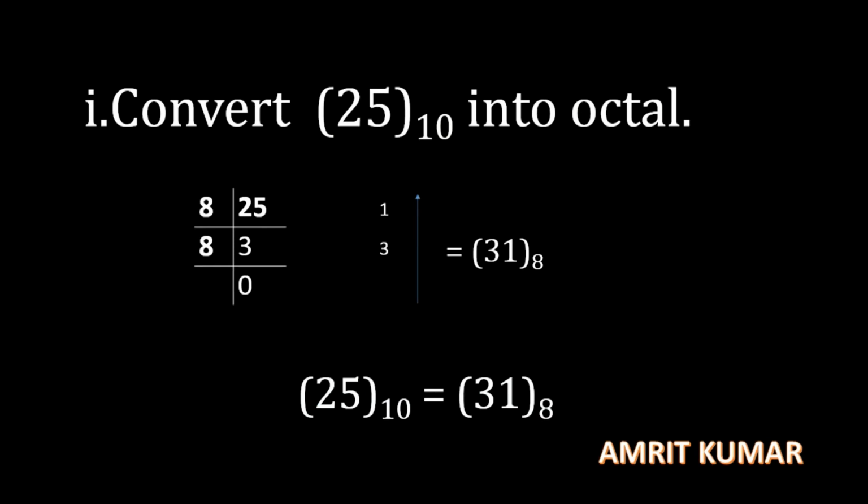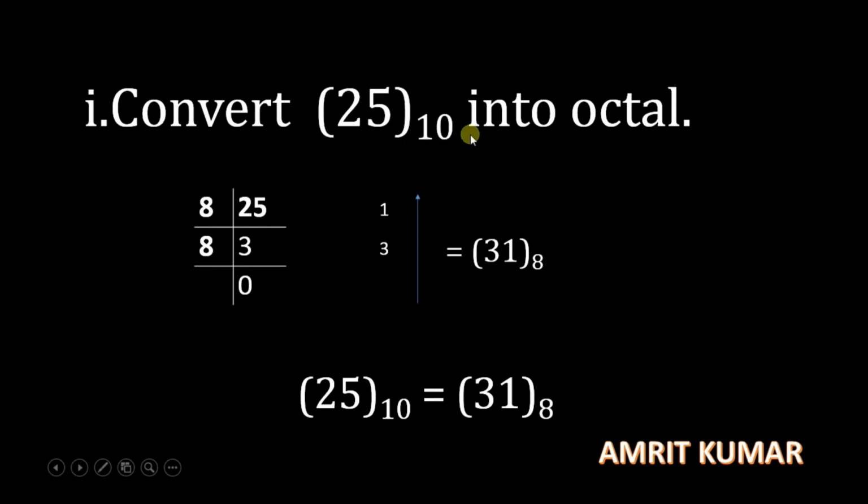So I have a question for you all: convert 25 base 10. This number indicates a decimal number, because its base is 10 and its range is from 0 to 9, as we have studied in the decimal number system.